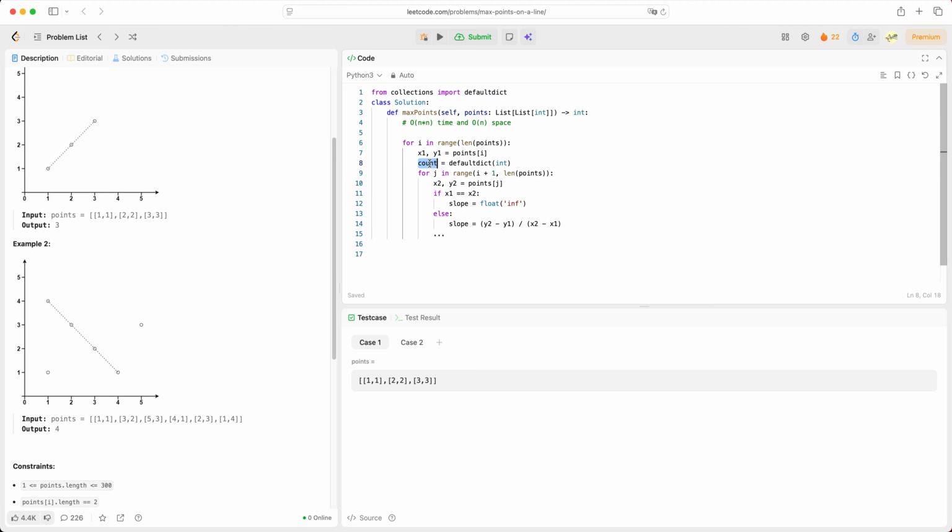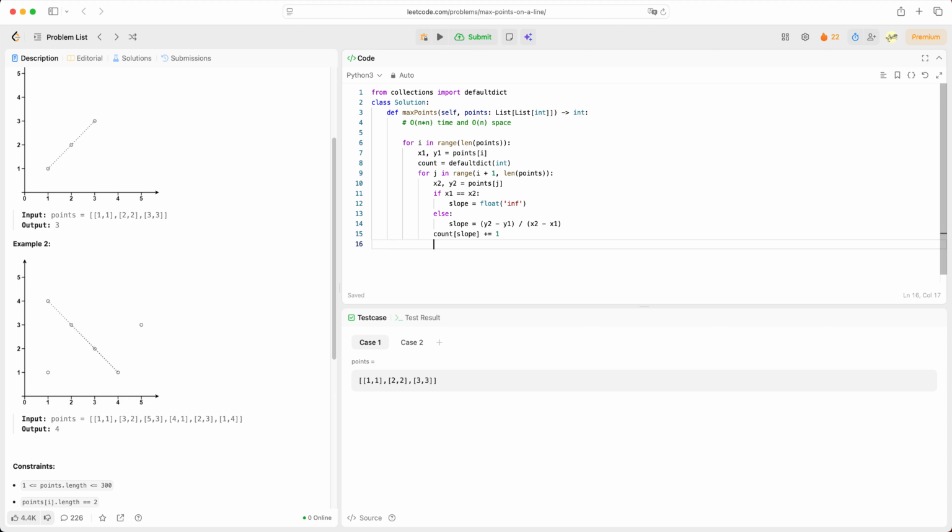Now the nice thing about the default dict is that when we try to access a key element in here, and it doesn't exist, we get back 0 instead of a key not found error. So that is the convenience that this default dict provides us instead of using the regular Python dictionary. So what we now do here is we just say count slope.